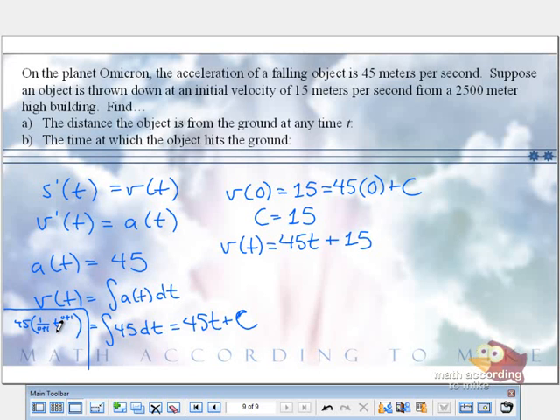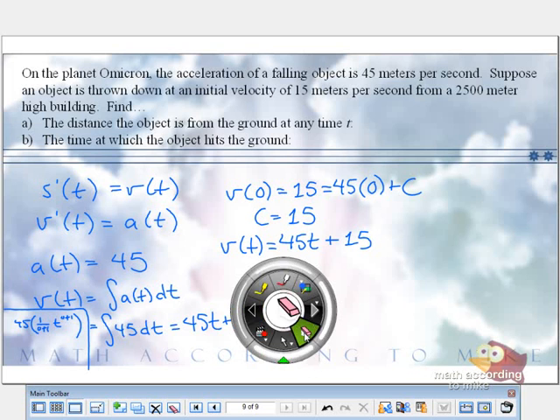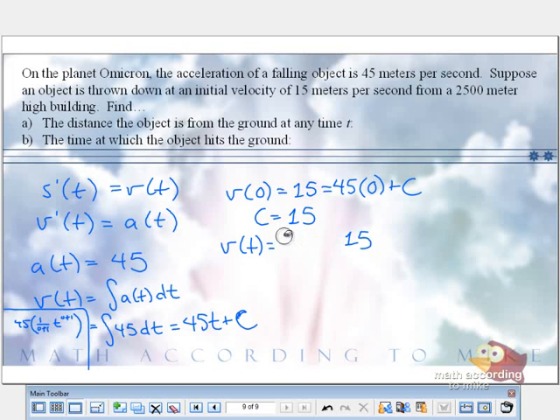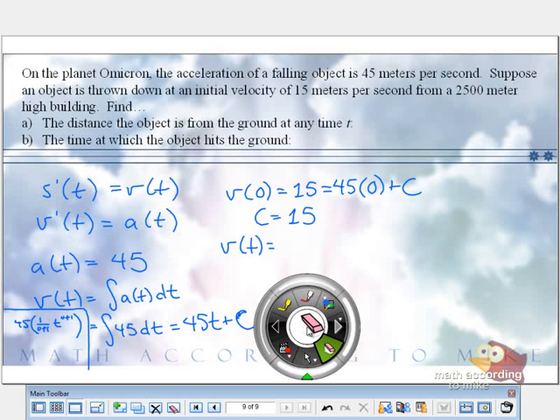If the distance is decreasing, that means velocity is negative. So what should we do to our velocity to say, hey, it's really going the other direction? Make it negative. So our real velocity is negative 45t minus 15. You have to negate the entire thing.